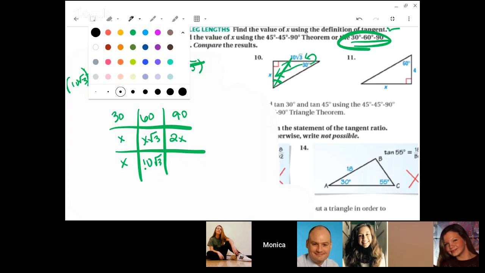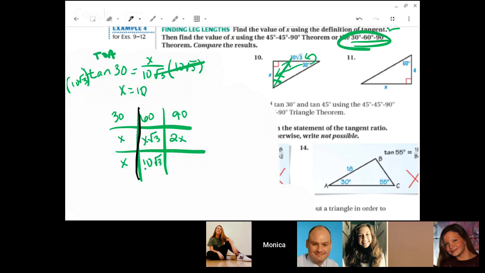So if we look at just this part here, okay, we see that across from the 60-degree side is supposed to be in the form of x square root 3. And what we have there is 10 square root 3. So that should tell you that x equals 10.